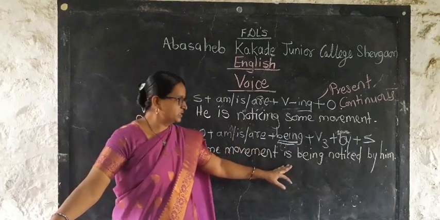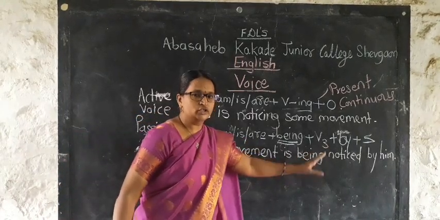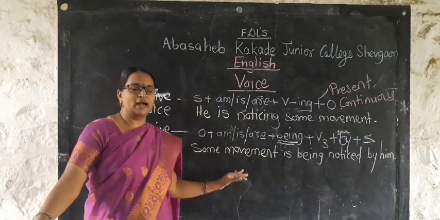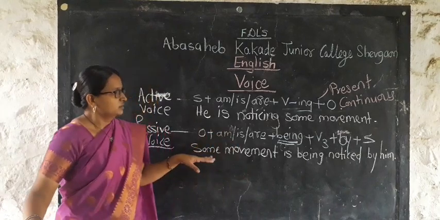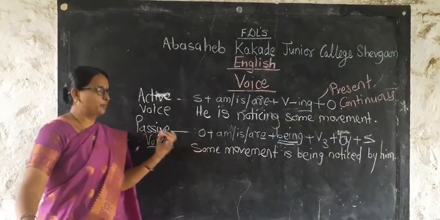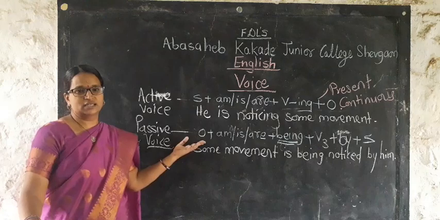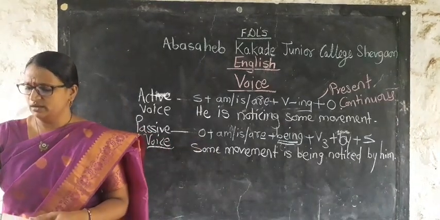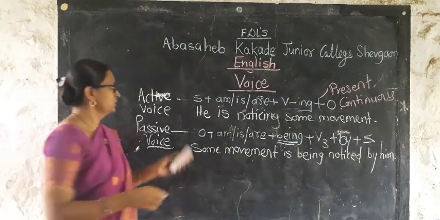Here we use is, being noticed by me. Some movement is being noticed by me. So this is the structure of passive voice of present continuous tense. Now we are going to take next tense.